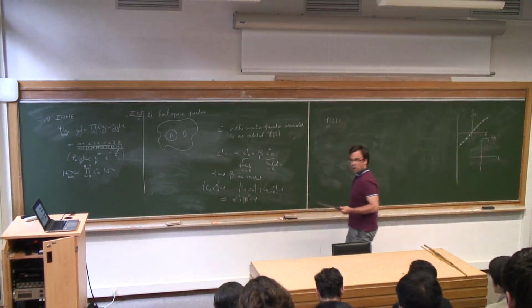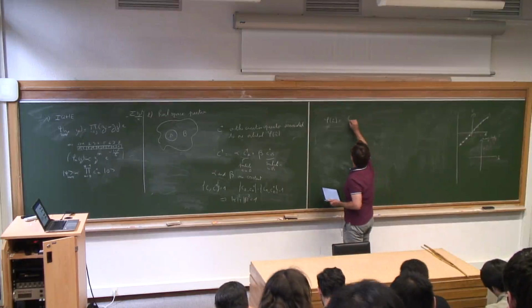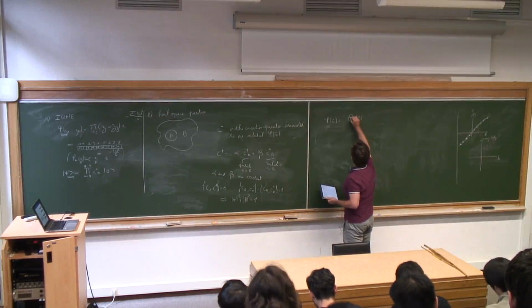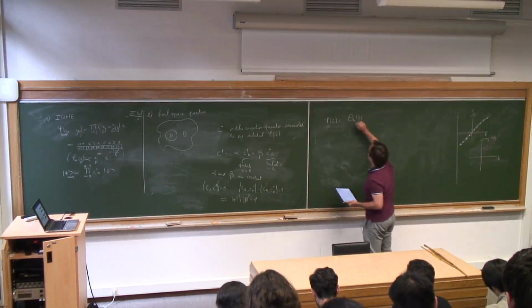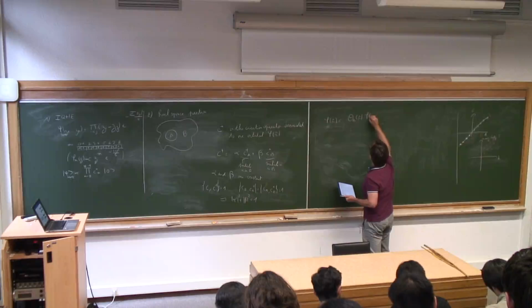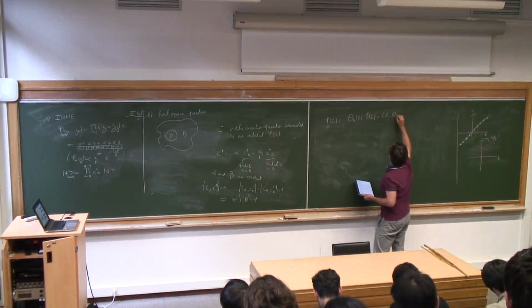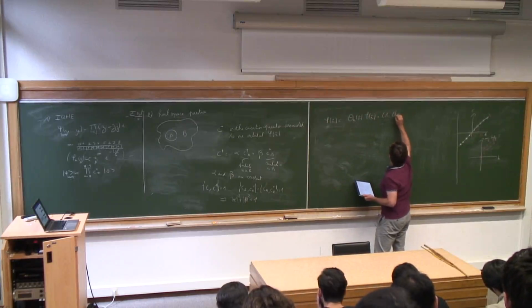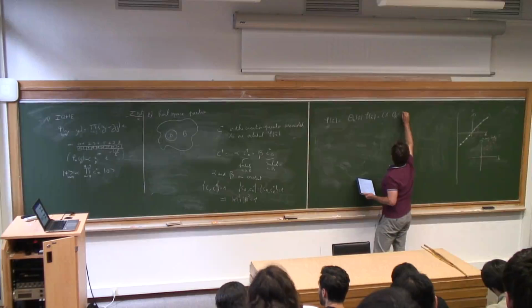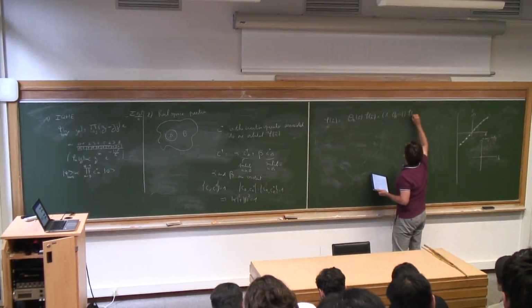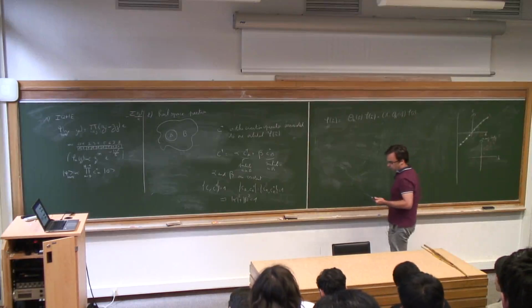Well, we can always rewrite the wave function this way: theta A of r times phi of r, plus 1 minus theta A of r, times phi of r.